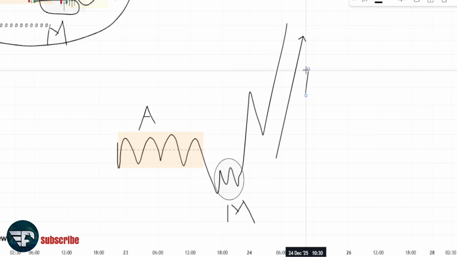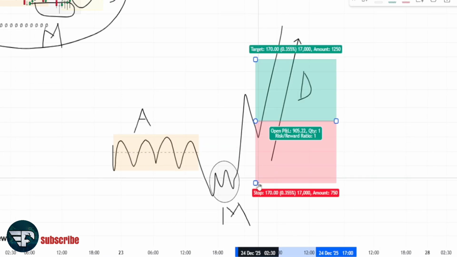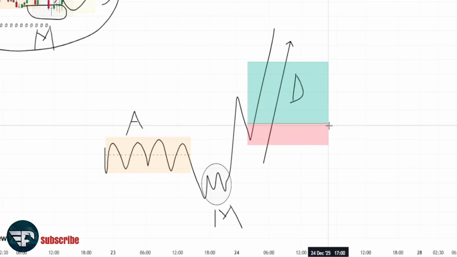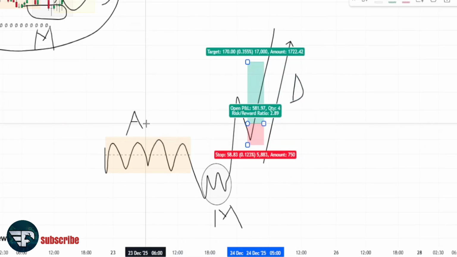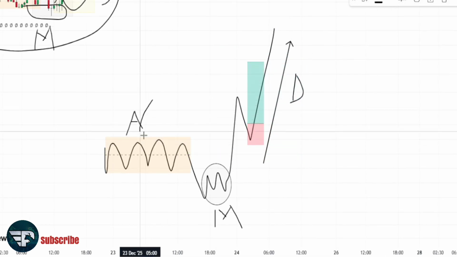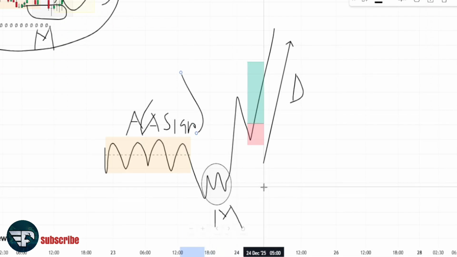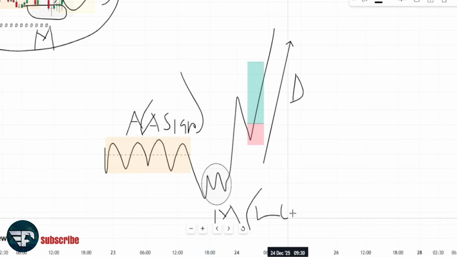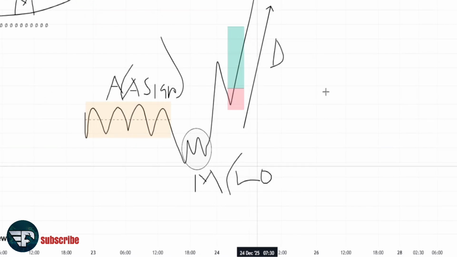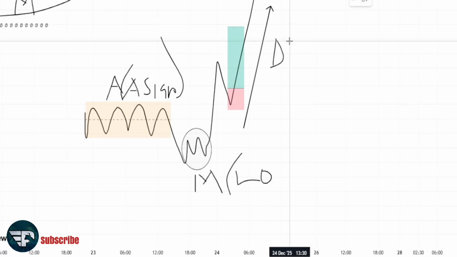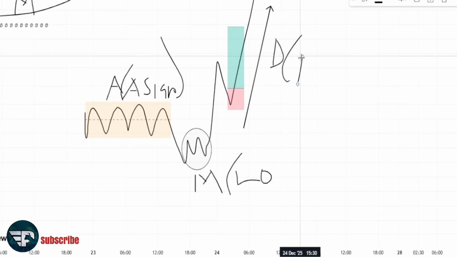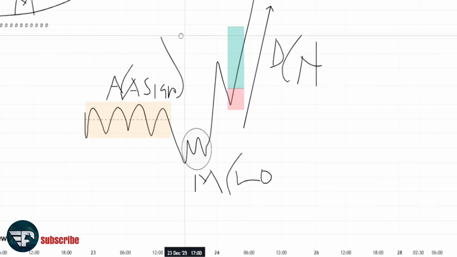The distribution, that is for a bullish move. If you are looking for a bullish move, this one happens in the Asian time. So in the morning you mark them out on your chart, and this one happens normally in the London time. London time, that is where this one happens, and this one, the distribution, happens during New York time. That is 1:30 to 2. That is where we're going to see this.